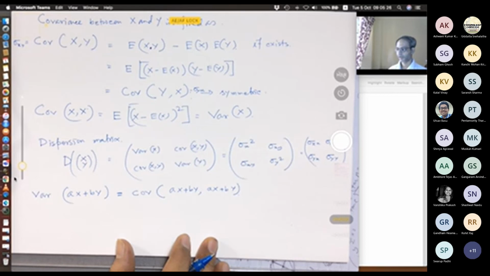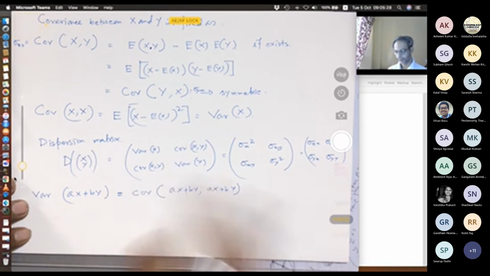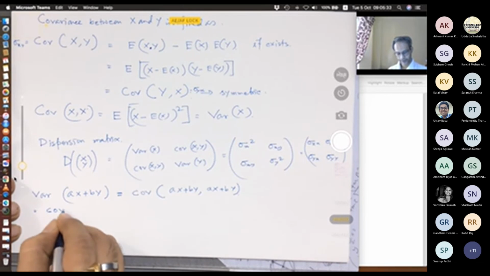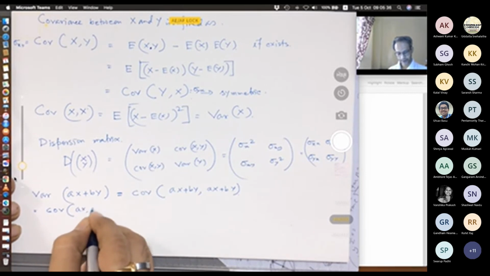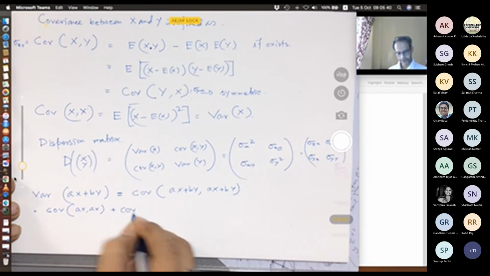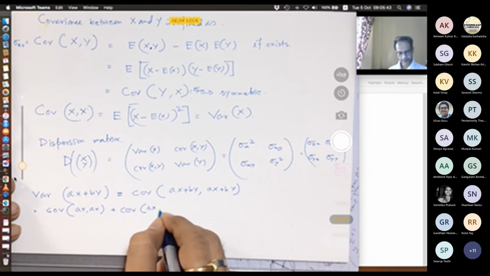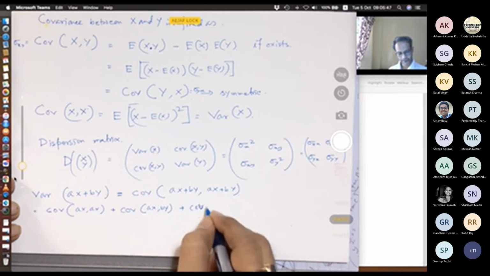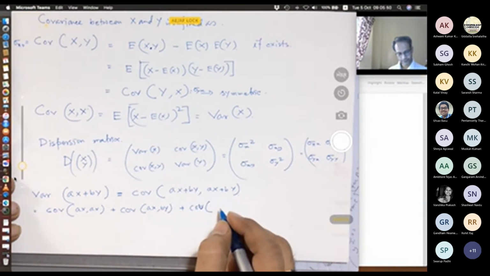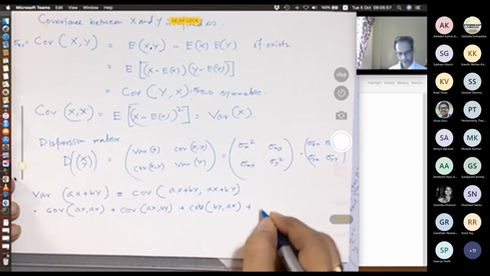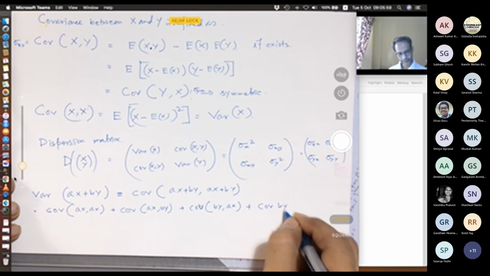Yes, sir. Okay, now break it and take turn by turn. Covariance of ax and ax, plus covariance of ax and by, plus covariance of by and ax, plus covariance of by and by.